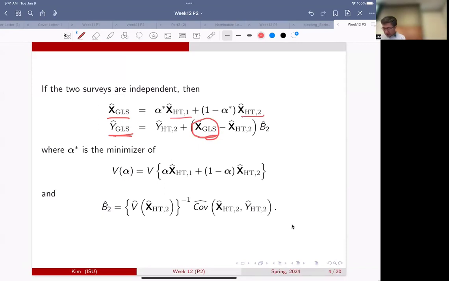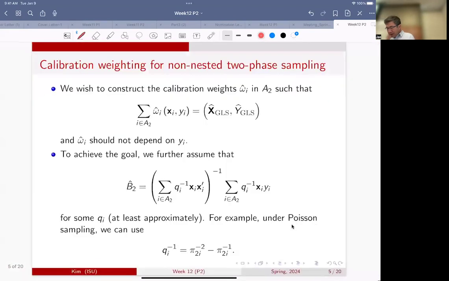Okay. So that is about GLS, right? But the focus is not about computing the GLS estimator per se. Rather, we want to construct the calibration weight. Okay. So how to do that?